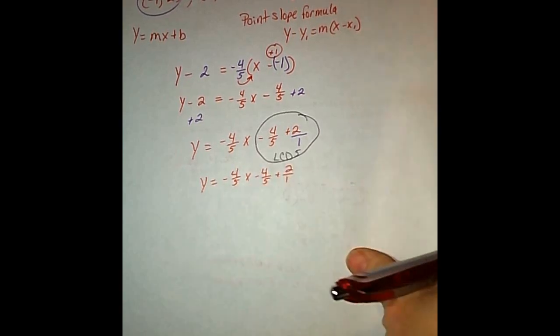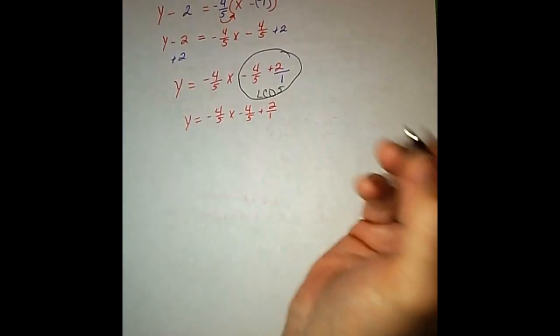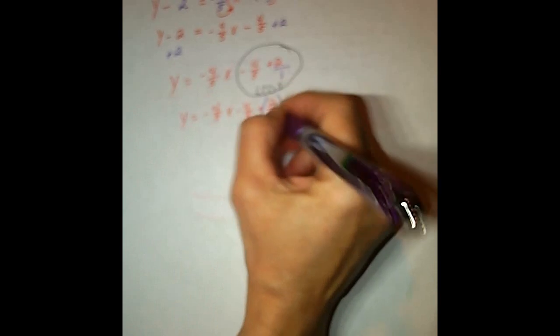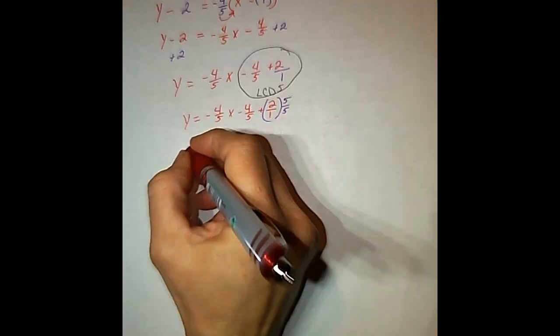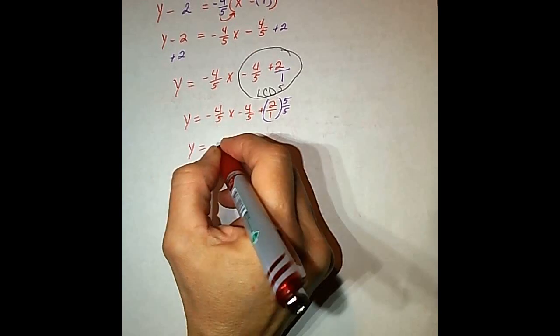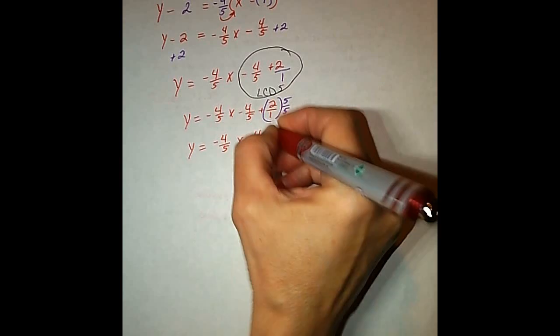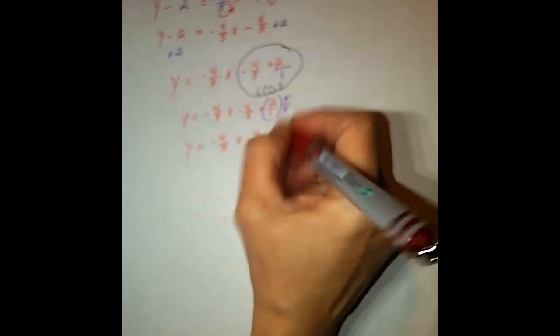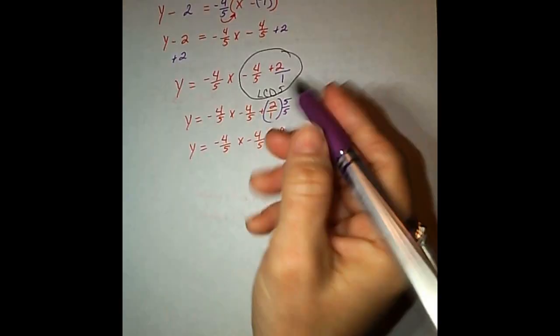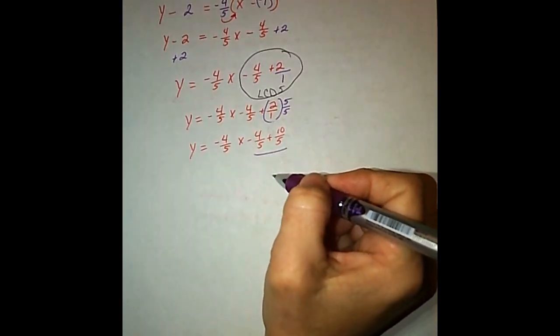And since this already has my 5 in the denominator, I don't have to change it. But this one here, I do need to multiply 5 over 5 to it. So now I have y equals negative 4/5 x minus 4/5 plus 2 times 5 is 10, 1 times 5 is 5, and now we can put these two together by using addition and subtraction.